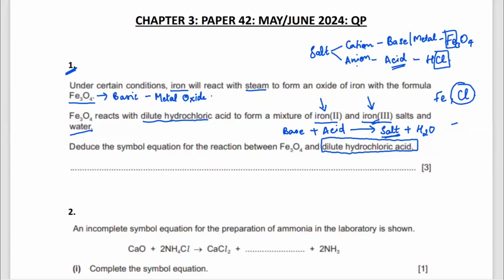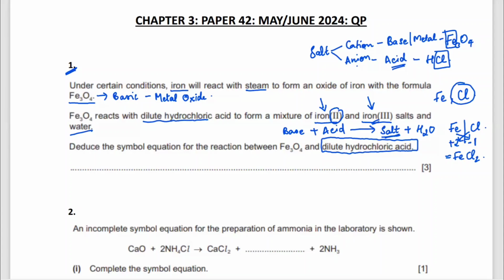So we'll see how the formula is going to be. In the first case, chlorine has a charge of -1 and iron has a charge of +2 because the oxidation state given is 2 over here. So the formula is going to be crisscrossed, and the formula will be FeCl2 for iron 2 chloride.